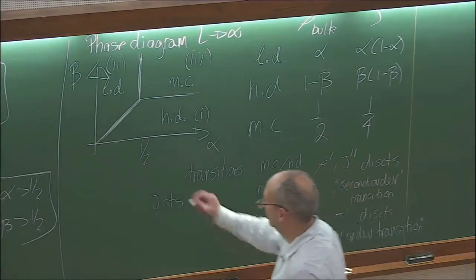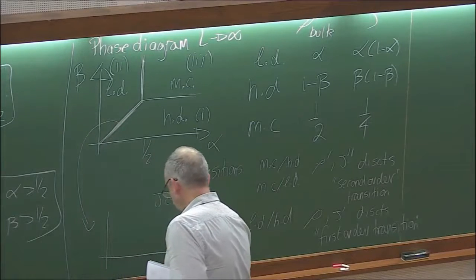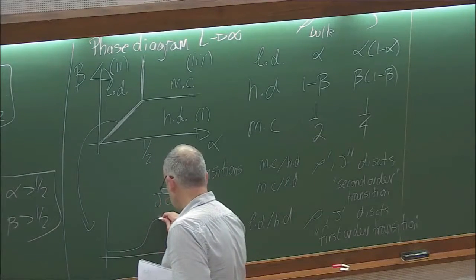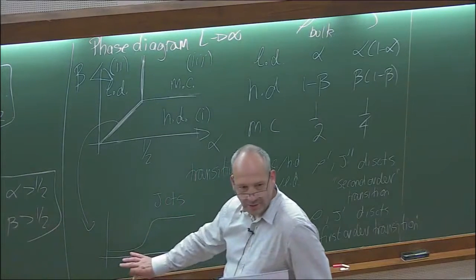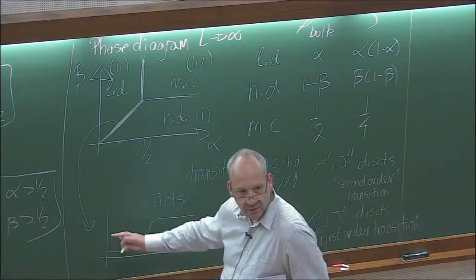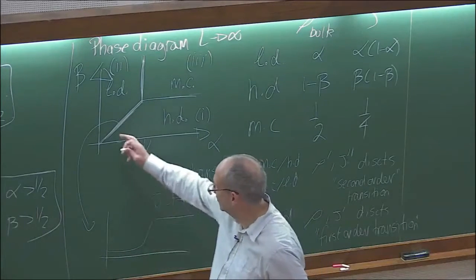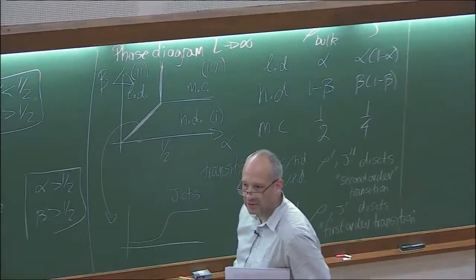And on this transition line, the profile from the mean field theory actually looks like this. So, if you like, you have phase coexistence between a low density phase and the high density phase. So that's like a first order transition, and you have phase coexistence.